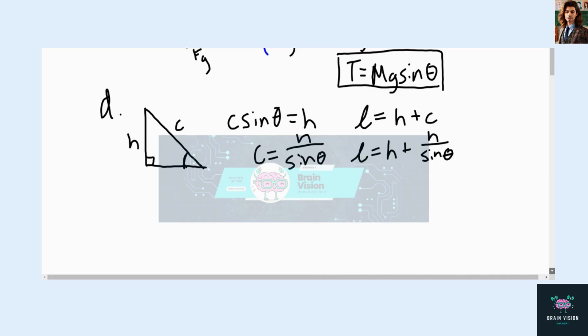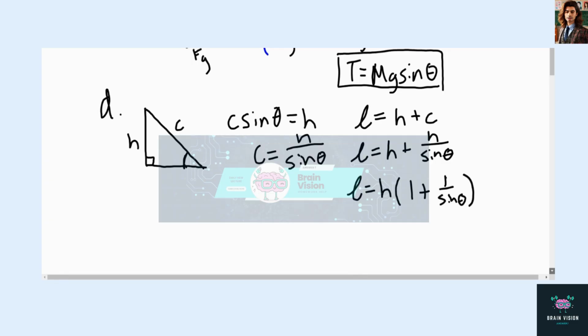But I am going to do a little bit of rearranging to make the next parts of the problem a little bit easier. So we're actually going to factor out h from both terms. So we get h times 1 plus 1 over sine theta.